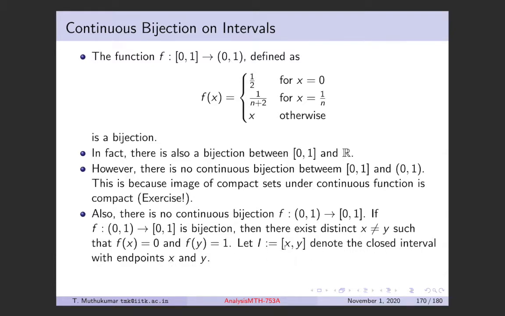Ignore this, because this is not precise; it is under the assumption that x is less than y. So you have two distinct points x and y which are mapped to 0 and 1. These are distinct because it's a bijection, so you actually have an injective map. So 0 and 1 are two different points, so two different points go to 0 and 1. So you look at the interval with endpoints x and y, either [x, y] or [y, x], whichever is the case.